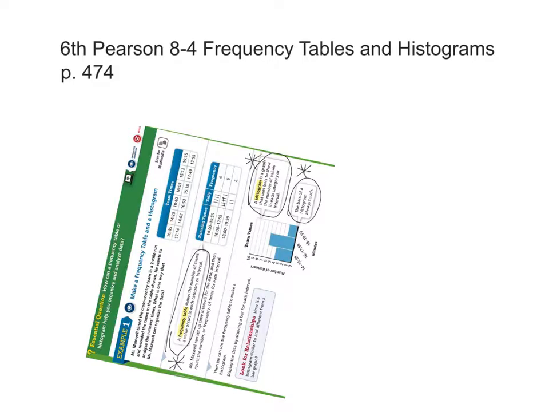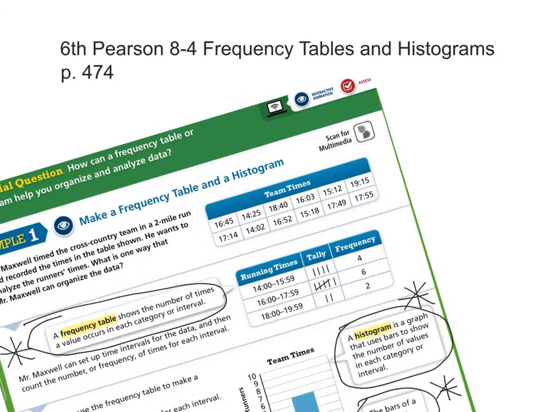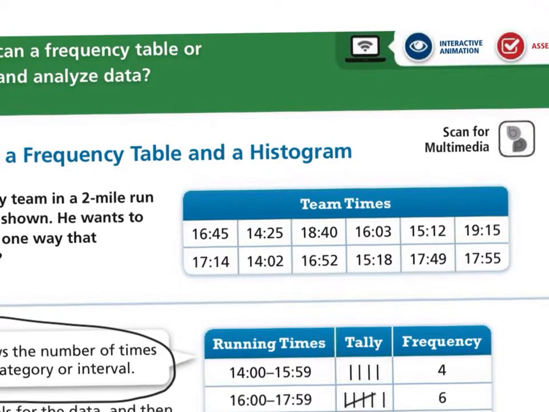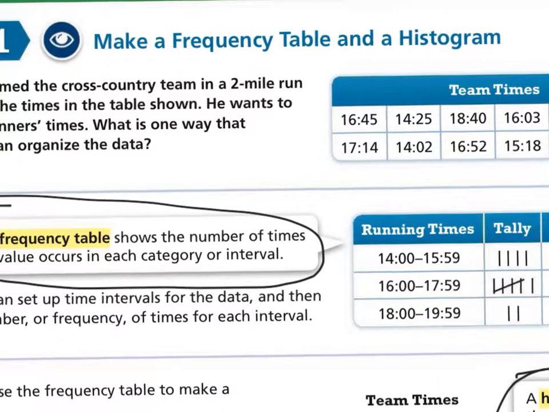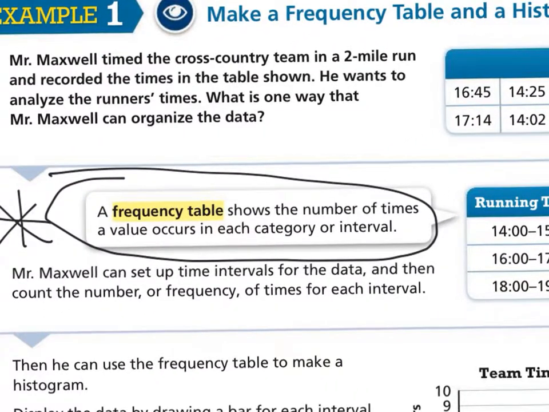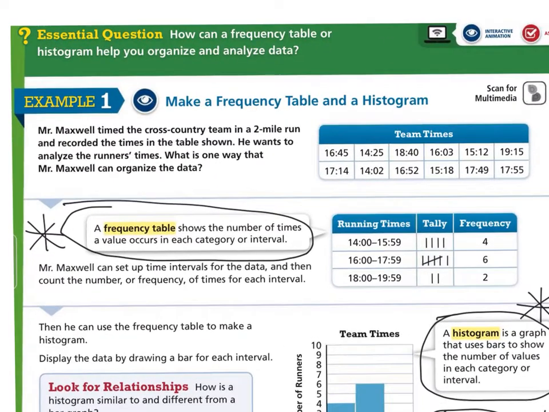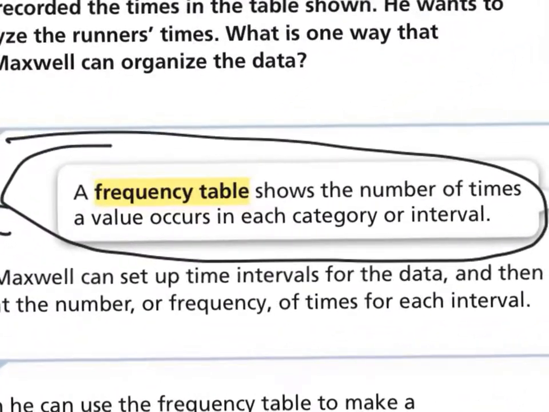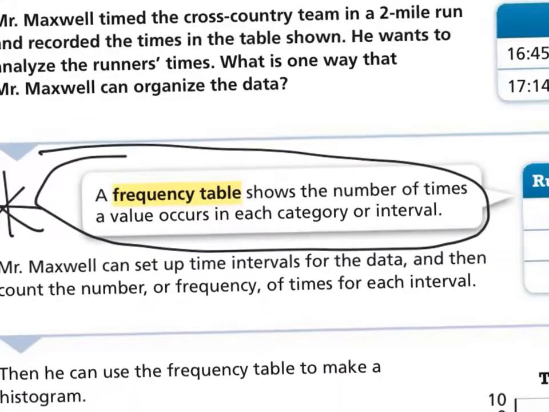Okay, so if we look at this, you can look at the times in their table there. What they did, first of all, they did a frequency table. This frequency table shows the number of times a value occurs in each category or interval. Now they had to come up with the intervals.